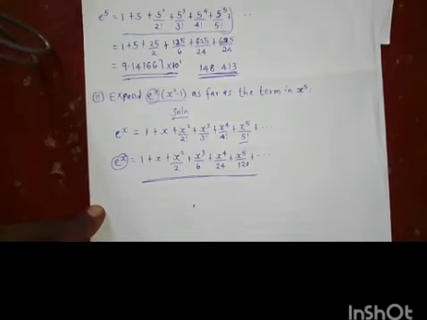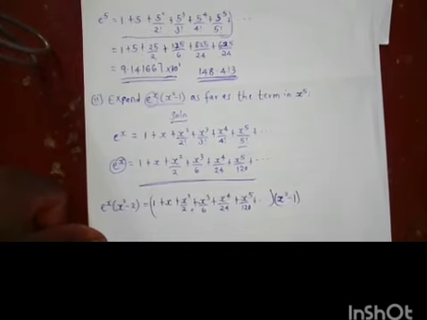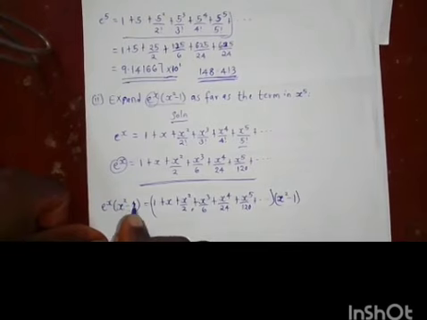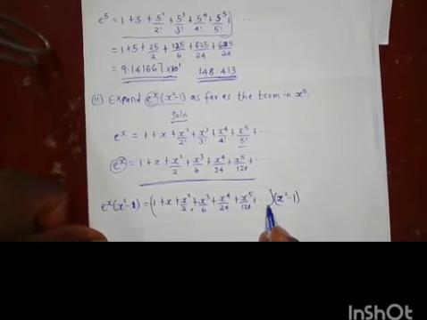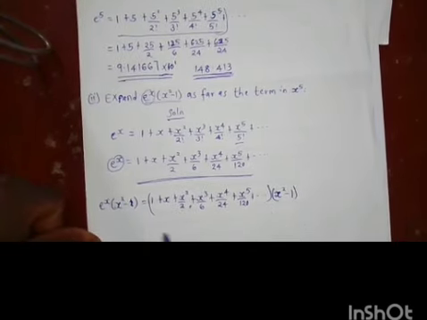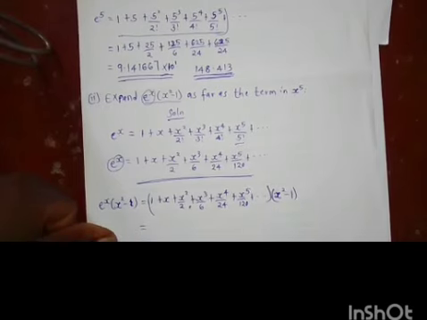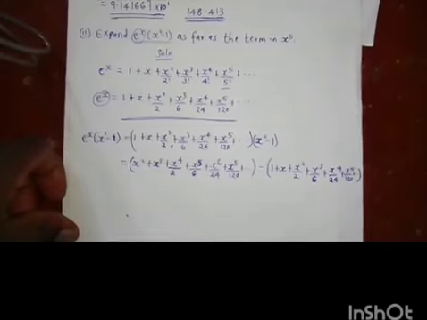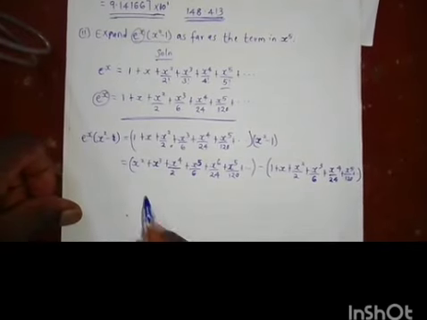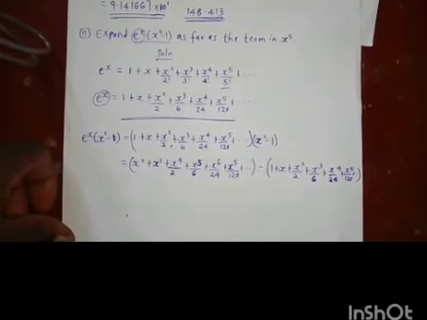So we write it in this form. By opening the brackets, we have, so we now put the like terms together.